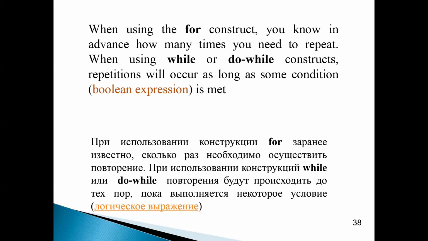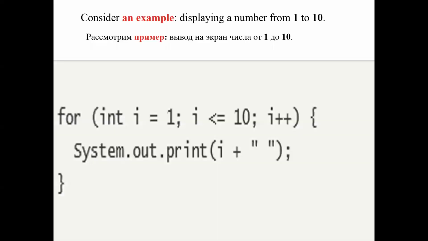When using while or do while constructs, repetitions will occur as long as some condition is met. Okay, guys, please consider an example. Displaying a number from 1 to 10. Please look carefully at the programming code.